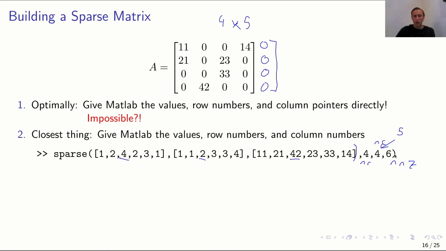Now also for this number of non-zeros, it's easy to see how many non-zeros we have. There are 6 of them. However, if at any point in the future you would like to change one of these values, one of the non-zero values, to a 0 value, so say this 0 becomes a 10, then it's useful to describe beforehand that in fact you want to have 7 non-zero values rather than 6.